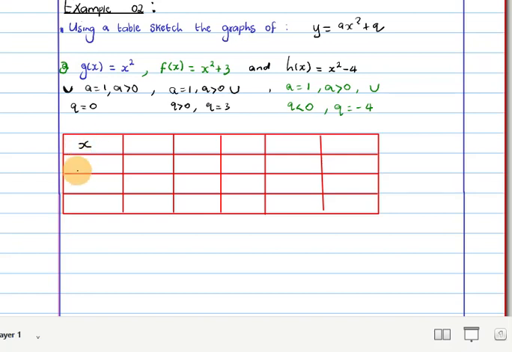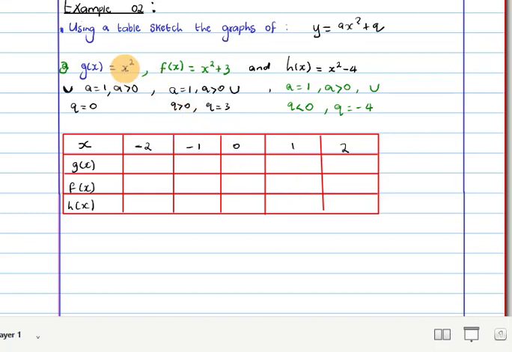Here it's x, here it's g at x, here it's f at x, and here it is h at x. For x values, let me start from -2, -1, 0, 1, and 2. For simplicity, that's why I decided to choose just a few values of the domain.